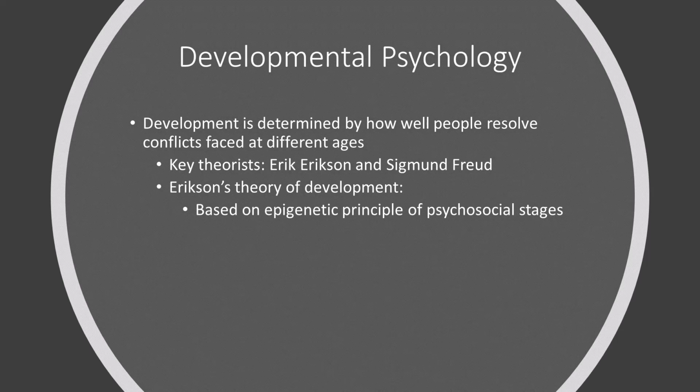Then during adolescence, we had identity versus identity confusion. And then during young adulthood, he talked about intimacy versus isolation. And then middle adulthood, he talked about stagnation versus generativity. And the last stage, which was late in life, was integrity versus despair.